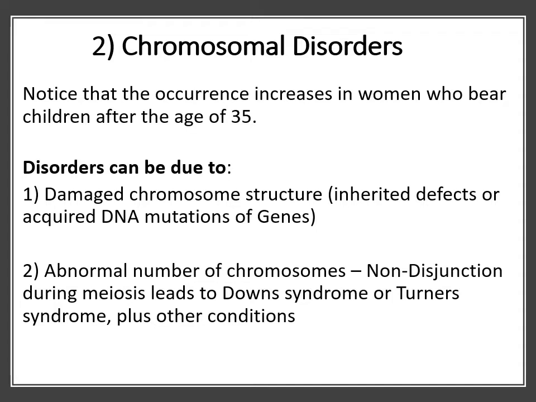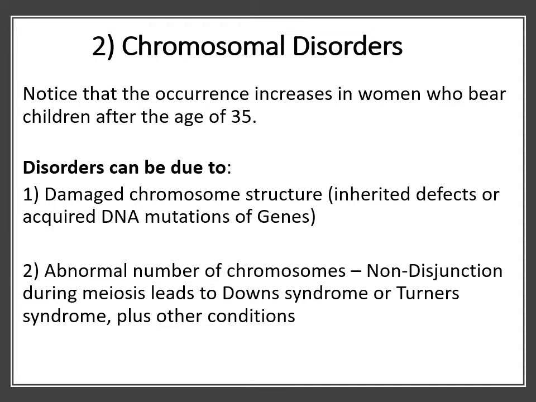So over time, those eggs are being affected by aging. Even though you cycle every month as a female and normally produce an egg, the eggs have been there since birth, right?